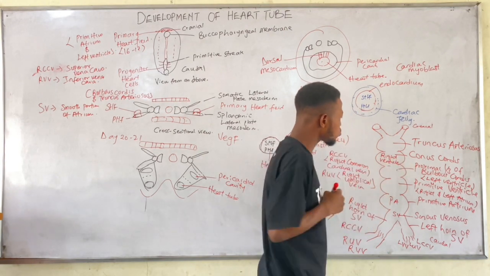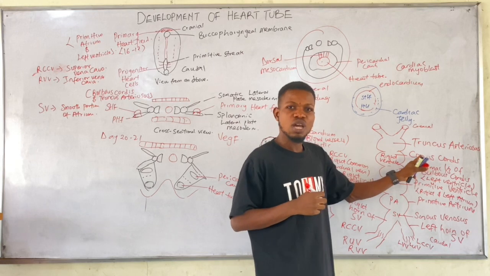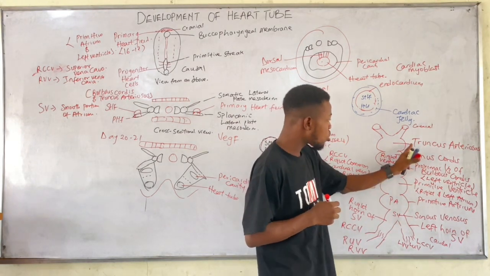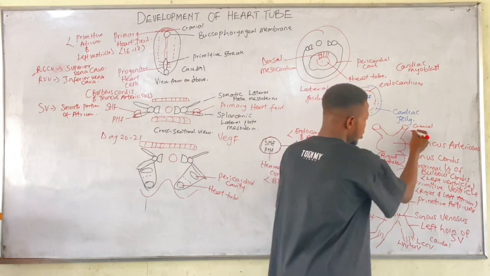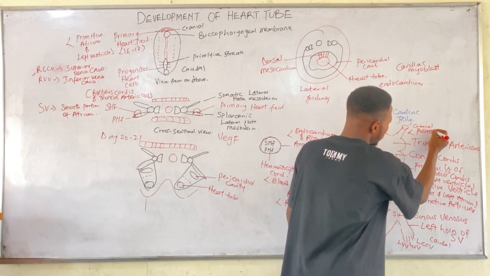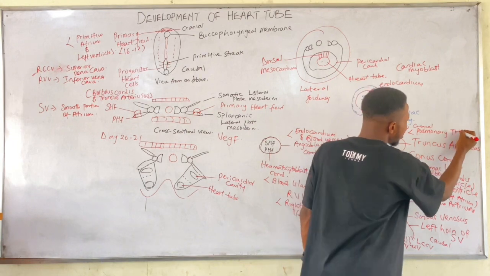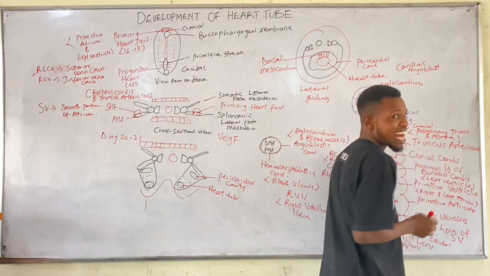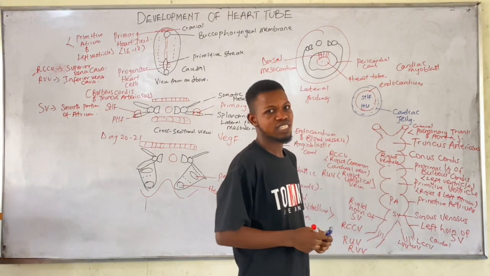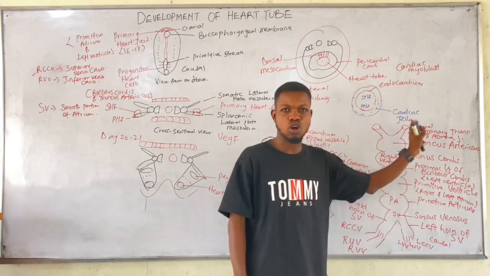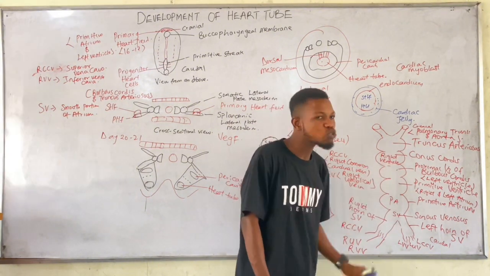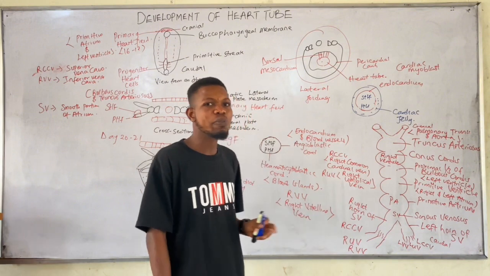Then the conus cordis will form the smooth outflow portion of the ventricle, and the truncus arteriosus will form the pulmonary trunk and the aorta, the ascending aorta to be precise. So that is what all these structures will give rise to in the future adult heart. That's what I just want you to know about the development of the heart tube.